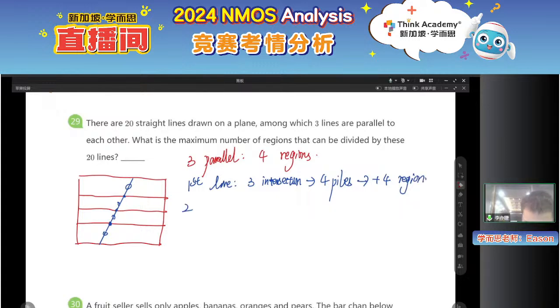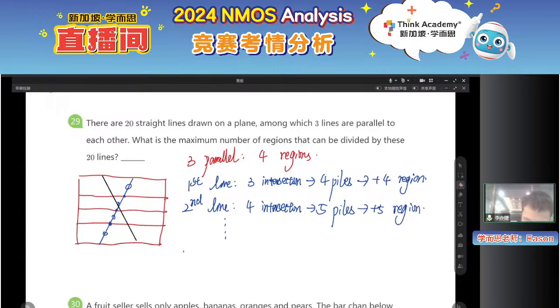Then when we draw the second line, it intersects with all the 4 existing lines, so there will be 4 intersections. The 4 intersections divide it into 5 piles, and the regions increase by 5.